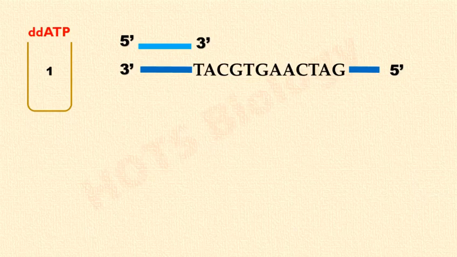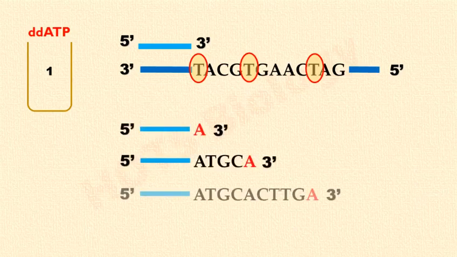And each time a ddATP is incorporated, the DNA synthesis terminates. So, as you can see, there are 3 thymine residues in the template strand. Complementary to these thymine residues, ddATP can be incorporated in the new strand. At the end of this reaction, there will be 3 partially replicated DNA fragments.